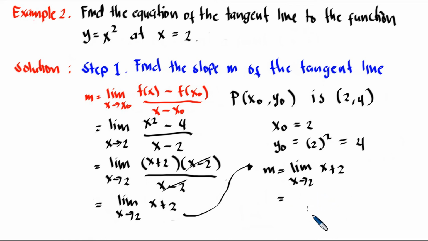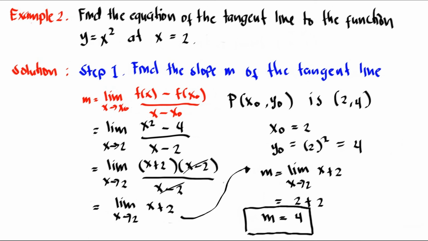Here you can now evaluate our limit by simply substituting the value 2 into the resulting function, and that is 2 plus 2, which gives us the slope, or the value of m, equal to 4. So that means the slope of the tangent line is equal to 4.